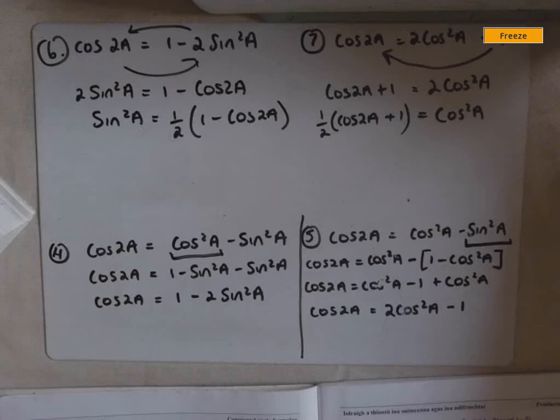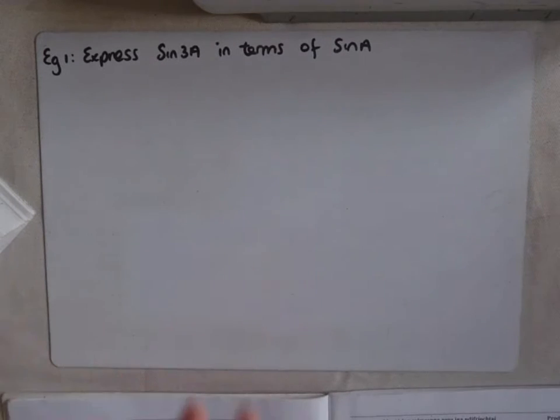Express sine of 3a in terms of sine a. In terms of sine a means you just want sine a. It's like saying in terms of x. You can't have any other letters. So in terms of sine a means you need to just have sine and a.